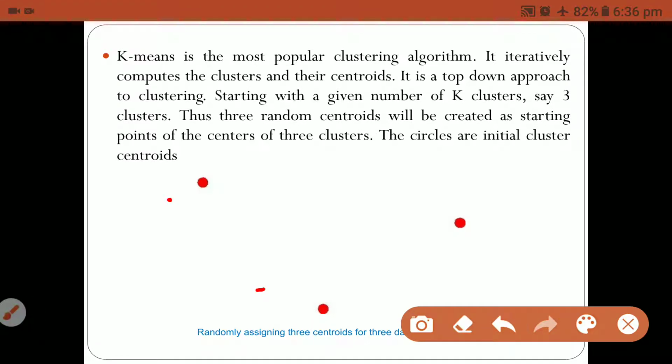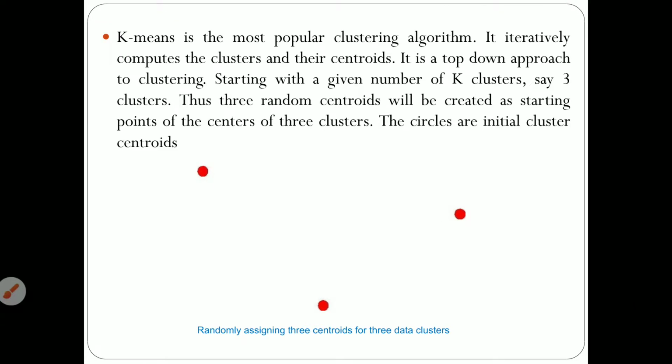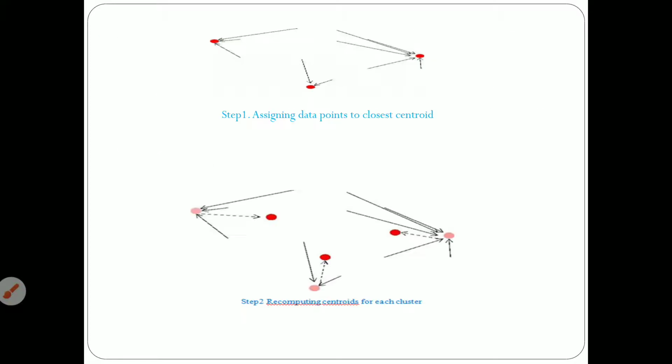After finding the shortest distance centroid, all the data points will be assigned to that centroid, and the error of each data element will be shown with the help of the centroid point. All the data will be sent to that one centroid, which is shown with arrow marks.